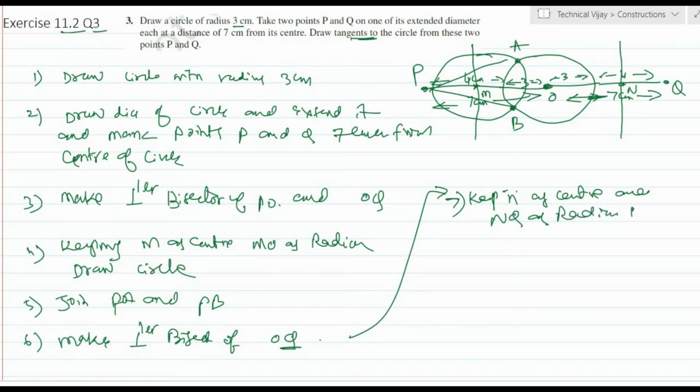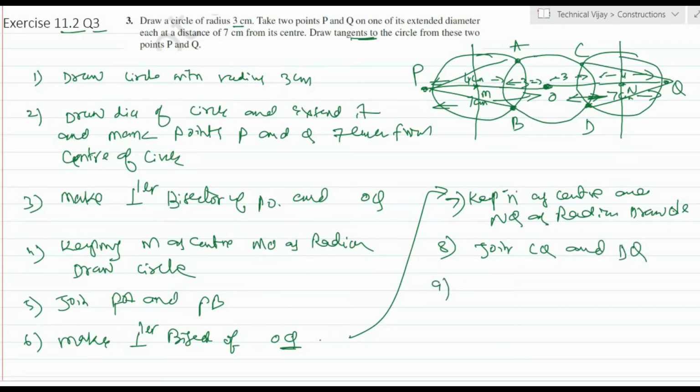Draw a circle like this. Okay, these points will be, let it be C and D. So eighth, join CQ and DQ.